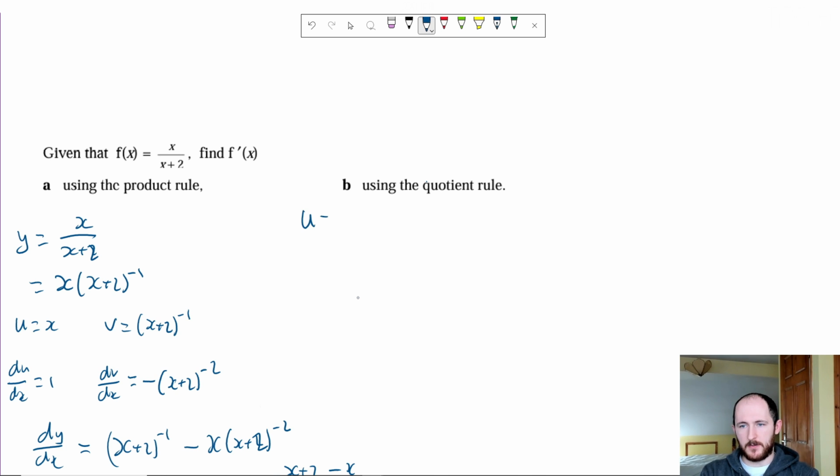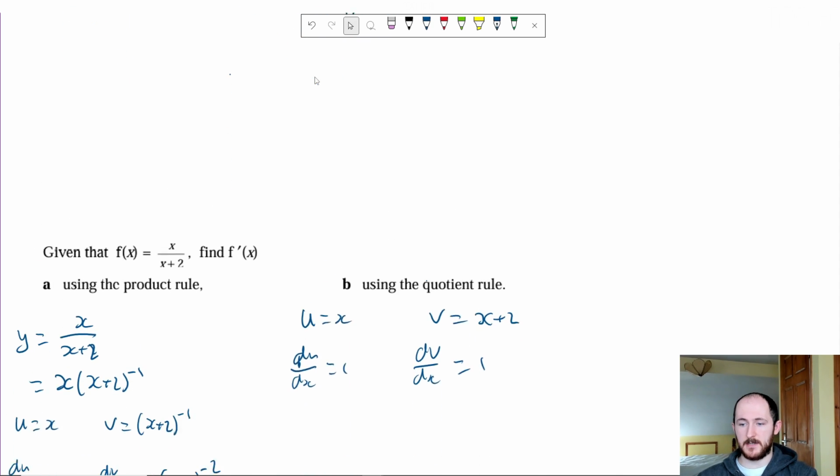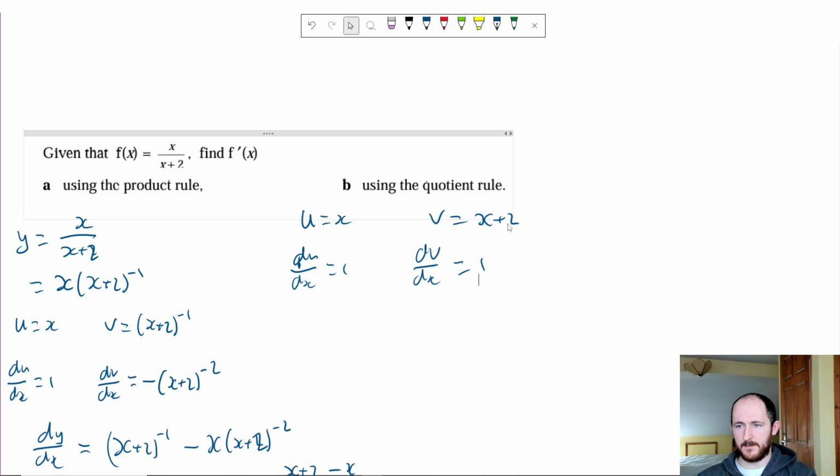So u is just equal to x, v is just equal to x plus 2. Then we have du dx is 1, dv dx is 1. So now if we do exactly what it says, v times du dx, that's going to be x plus 2.